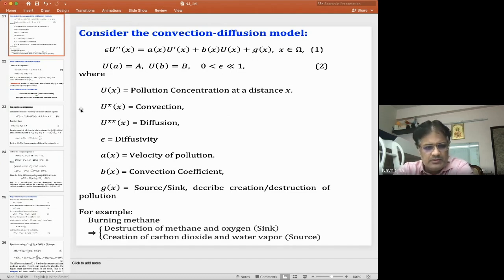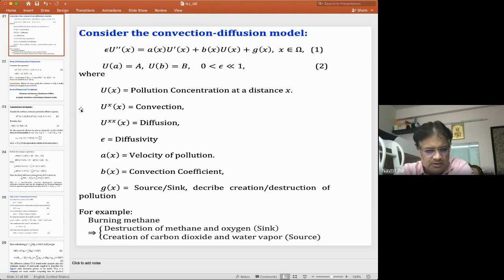u superscript x, that is u prime, the first derivative, is convection, and the second derivative of u is diffusion. Epsilon is diffusivity, a is velocity of pollution, b(x) is the convection coefficient, and g(x) is source and sinks.